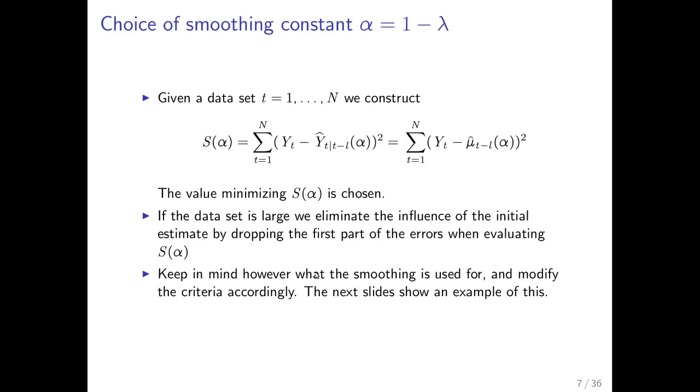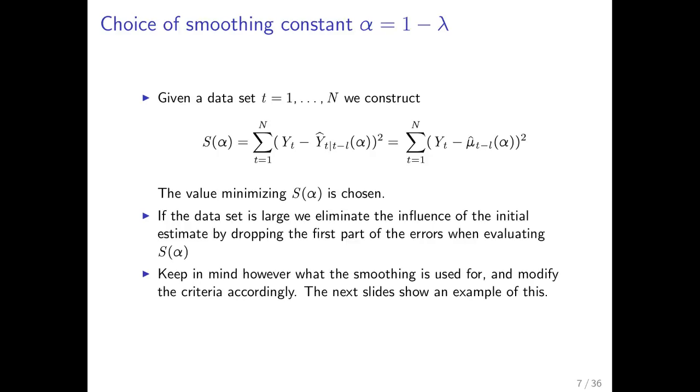So what you typically want to do, in particular if the dataset is large, is ignore the first part, because the prediction errors in the first part, where the model hasn't been trained properly, are typically larger, and some artifacts there should not be what makes you choose a particular value of alpha.